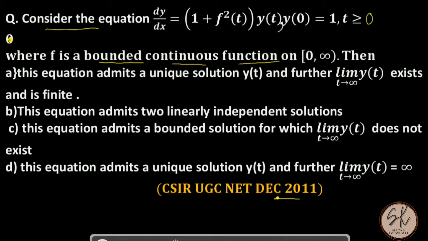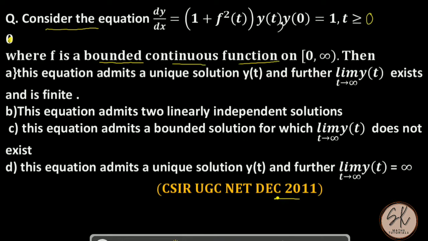Now here we will take f of t as such a function which will be both bounded and continuous. So let us take a constant function. We know that every constant function is both continuous and bounded. First let me write this out.